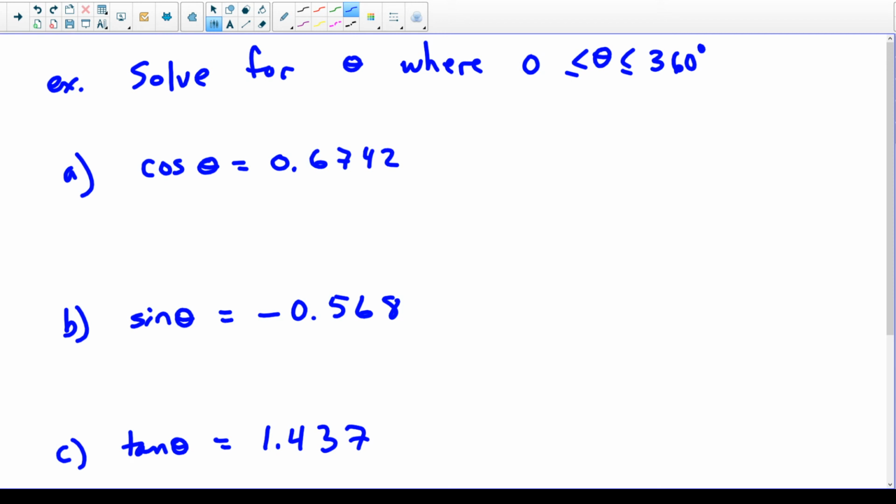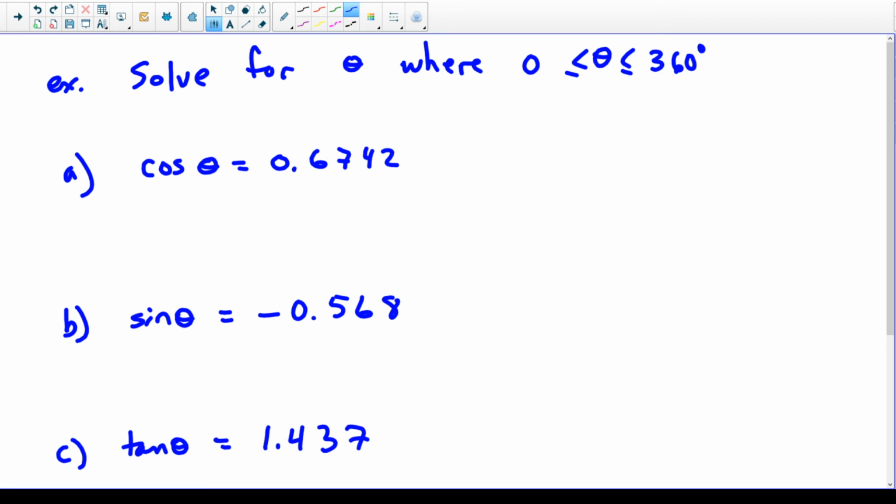If I hadn't said between 0 and 360, I'd be just looking for one answer. But because I'm saying from 0 to 360, we as people learning mathematics have to understand what that means. That means on the magic circle, what two angles will give me that answer as a ratio?